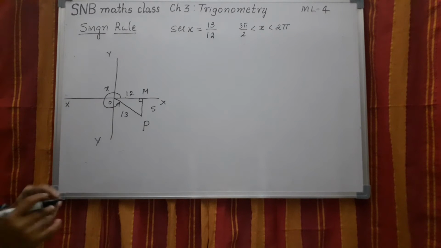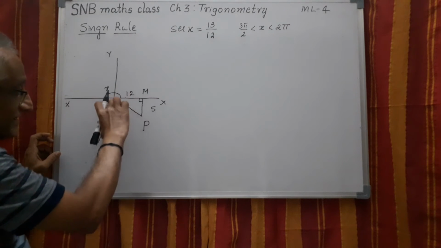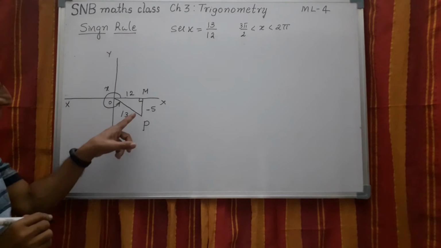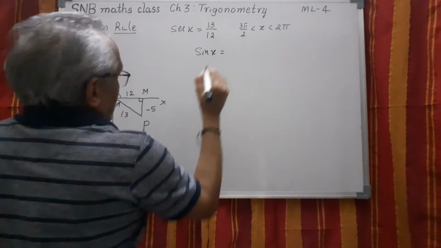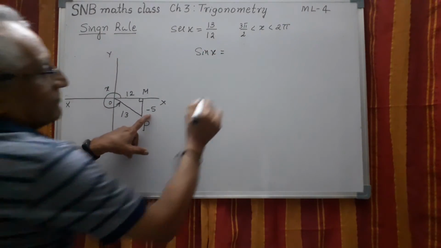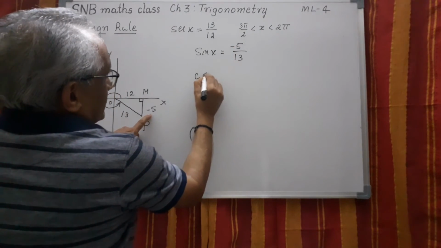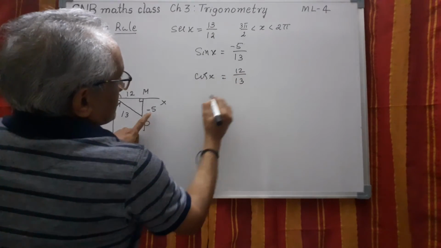But now you should be careful. This is positive because it is along the positive x-axis, whereas this is negative, and this is always positive. So this is minus 5. Once you find this, sine x will be equal to, opposite means this, minus 5 divided by 13, and cos x, of course, is the reciprocal of this one, 12 by 13.